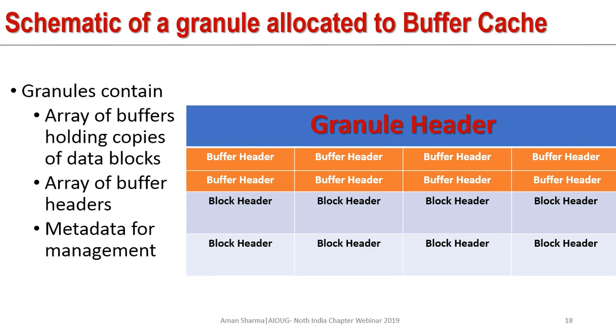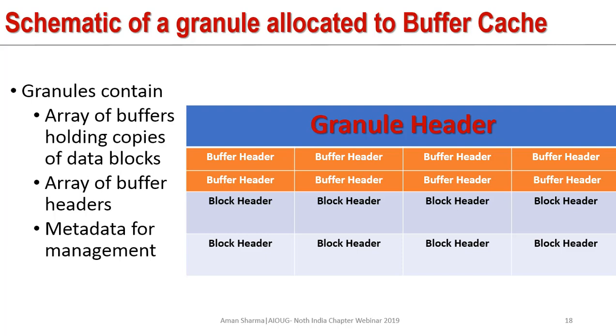Now, the schematic of the granule is going to hold the information for the data blocks. The data blocks are the blocks which are on the disk, and for each data block which we are going to have in the memory, Oracle is going to create something called a buffer header.